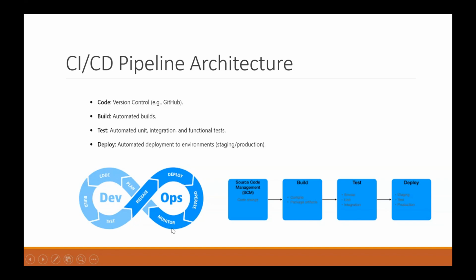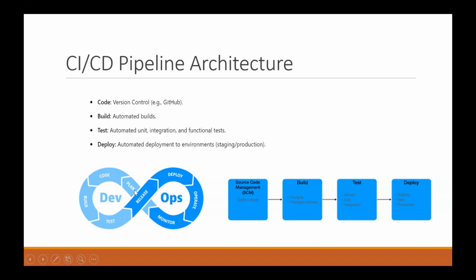This is nothing but the feedback loop. Again, it will come to plan. If any issue is there after deployment, it will come to this loop itself. Again, plan will be done, code will be done, build, test, release, deploy. This will keep going in the loop. So the combination of all this set of tasks in this loop is called DevOps.